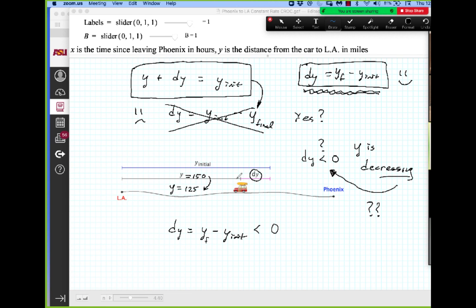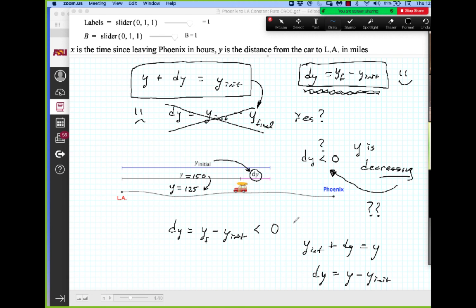So then what would we say? We would say that y initial plus dy would give us y final, and that gels with what we've said before. Starting value plus dy, what's that going to do? It's going to take away that much distance, because dy is negative. So add dy, add the change, and you get the final value. And so dy is y final minus y initial.